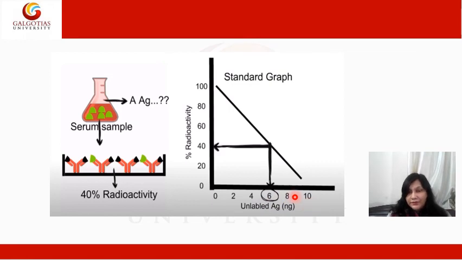This was the objective that we completed by using radioimmunoassay.